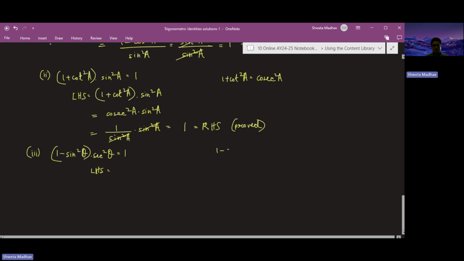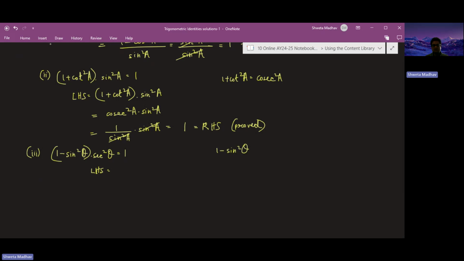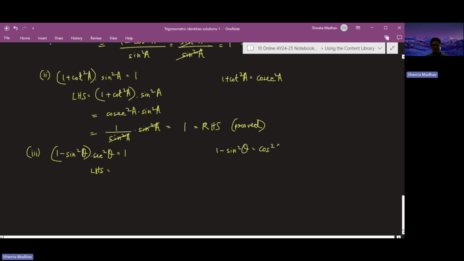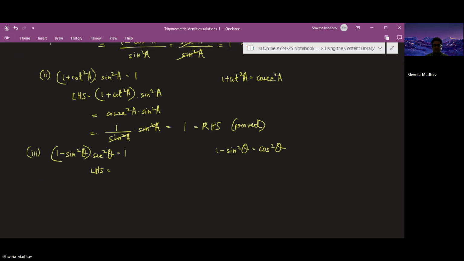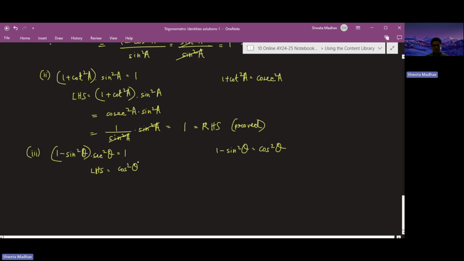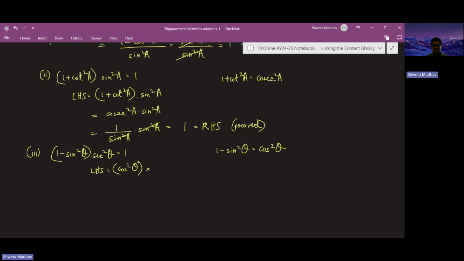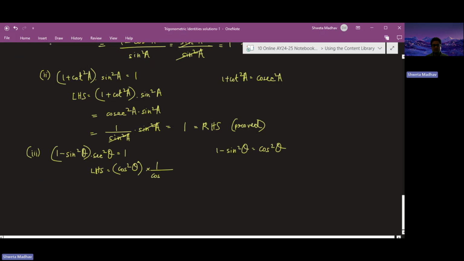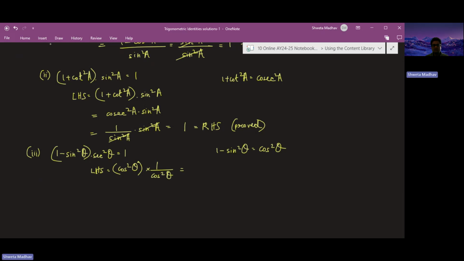So we know that 1 minus sin square theta is equal to cos square theta only, since sin square theta plus cos square theta is equal to 1. Then cos square theta into sec square theta, I can write as 1 by cos square theta, so they get cancelled and that is equal to 1.